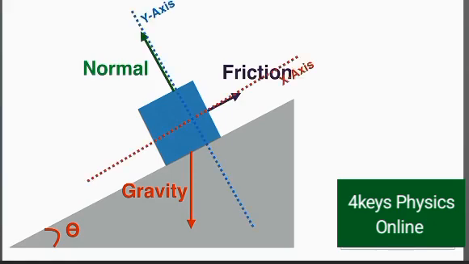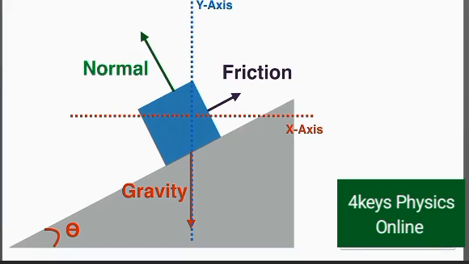And so if you put your axis, this is what you realize, that you can break down your gravity into its horizontal and vertical components. And you see that the vertical component there is acting parallel to our axis there.